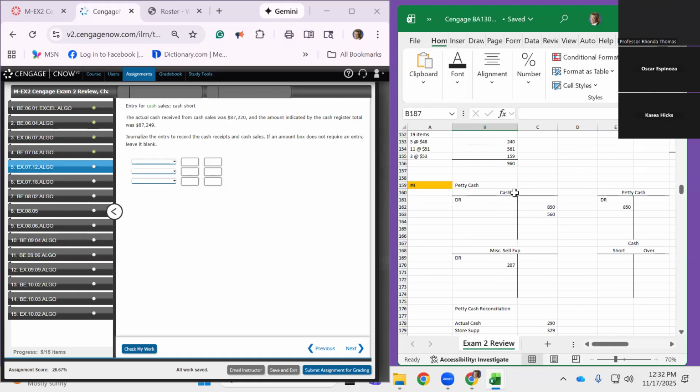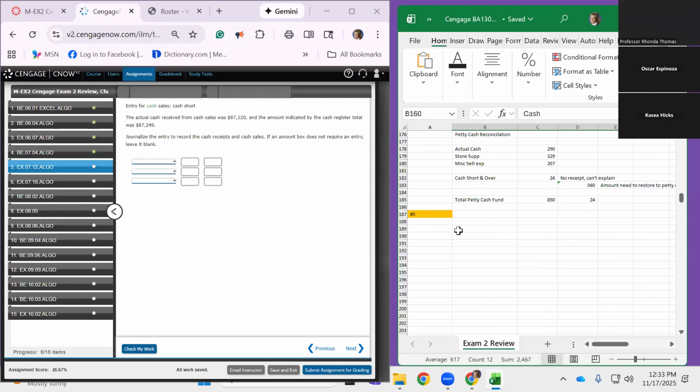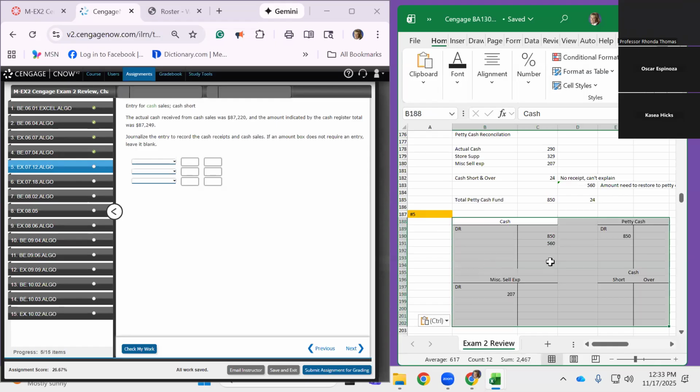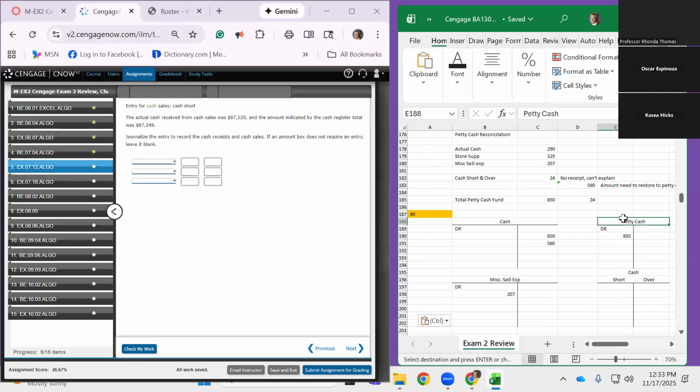Okay, we're going to use some T accounts here. So we don't need any of this, but we do need cash short and over, and we need sales. So we'll just get rid of this. Okay, so sales.